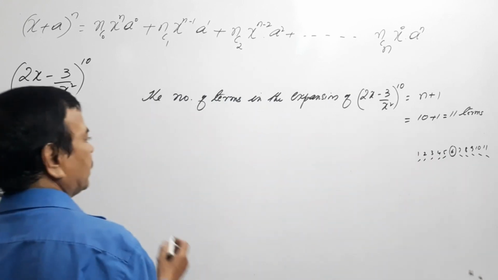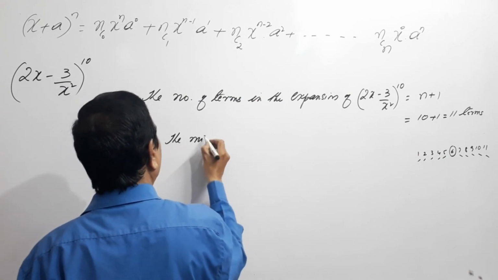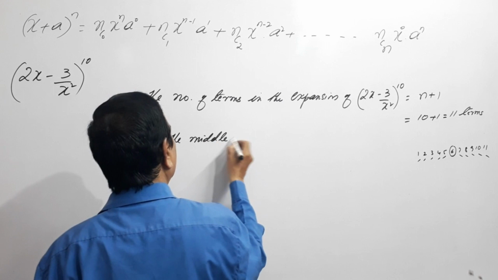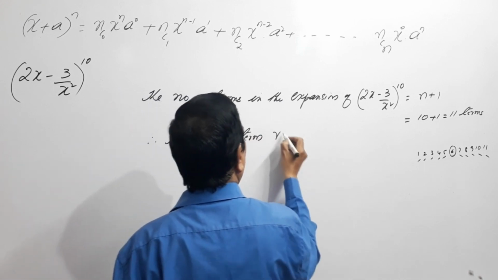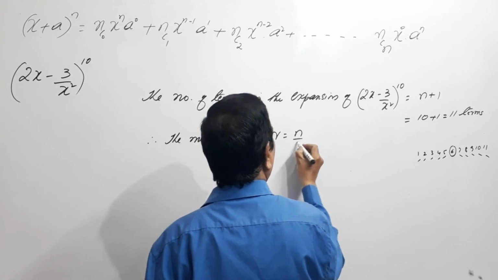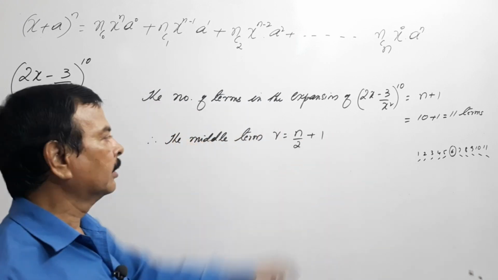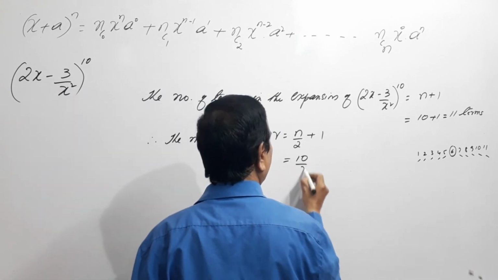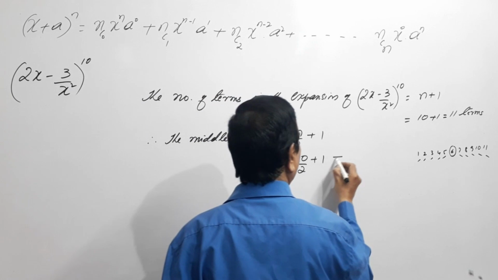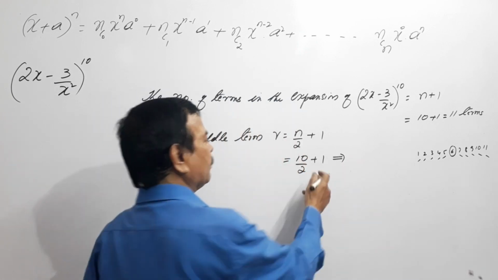So next, therefore the middle term R equals n/2 + 1. We know we have given this. So what is n? n is 10, so 10/2 + 1, that is 10 divided by 2 is 5, plus 1 is 6.